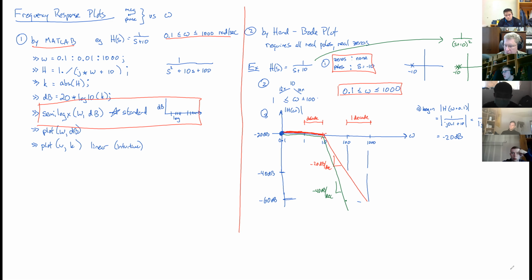So let me give one example of that. Let me give a much more complicated example. Let's let h of s be equal to 100 times (s plus 1)(s plus 1000), all over s times (s plus 100) squared.